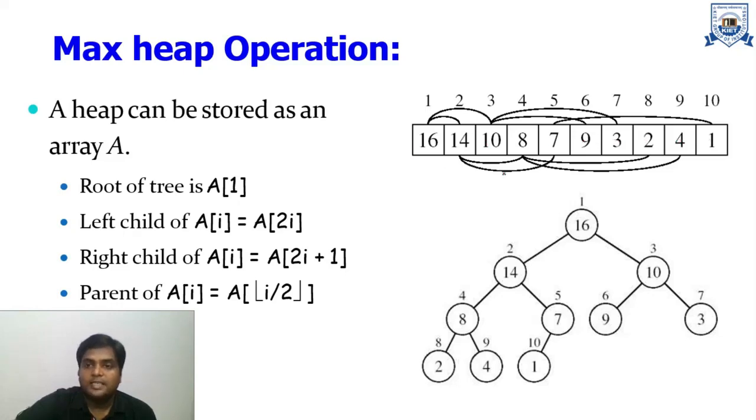This is basically the max heap representation of the array. Consider this example of max heap where the root value is 16 and the children of the root are 14 and 10. The children of node 14 are 8 and 7. The children of node 8 are 2 and 4. So here each node has a value greater than its children.